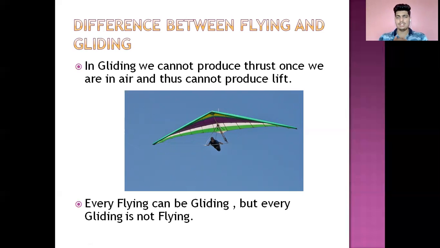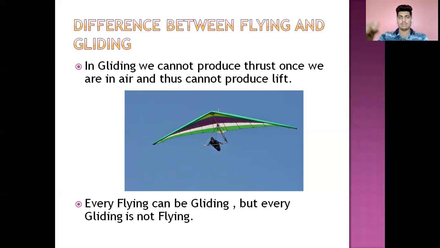So, you might have seen in movies sometimes that the members are at a height on a mountain, and they just slide into this and fall from there. So these gliders usually support them in flying, but we cannot generate thrust as well.